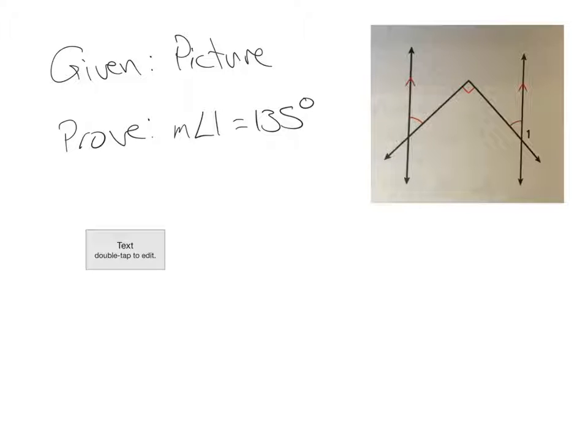So the first thing that occurs to me is I know a lot of rules about transversals. So I'm going to go ahead and actually throw in another line right there.